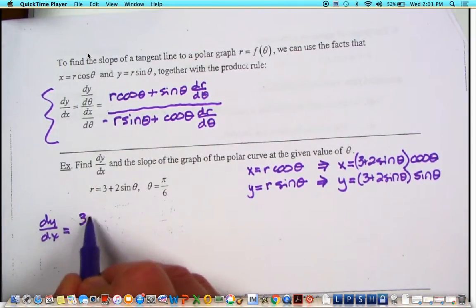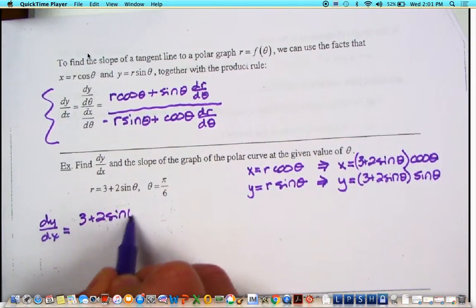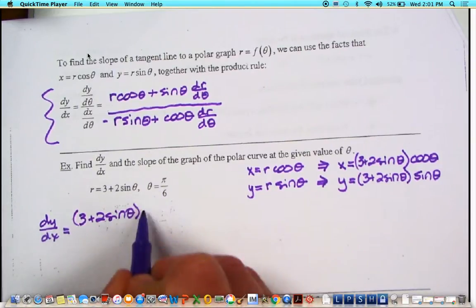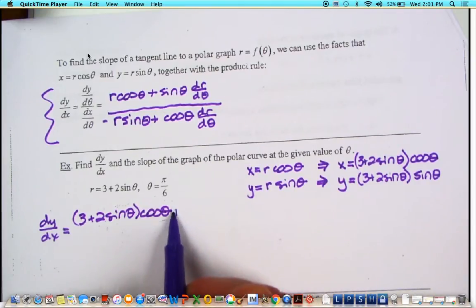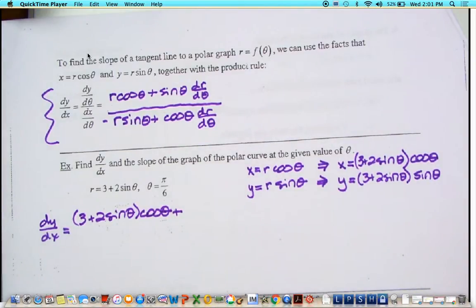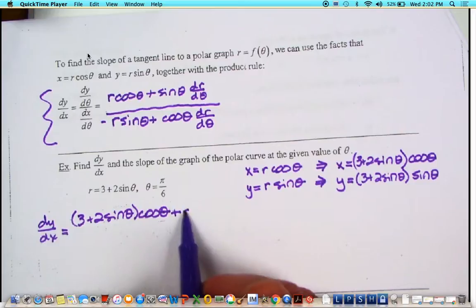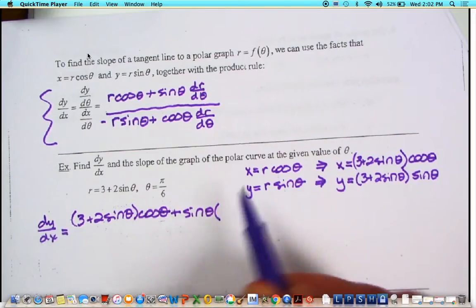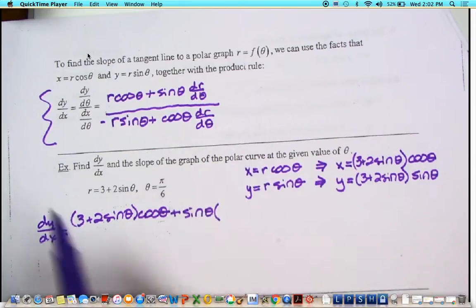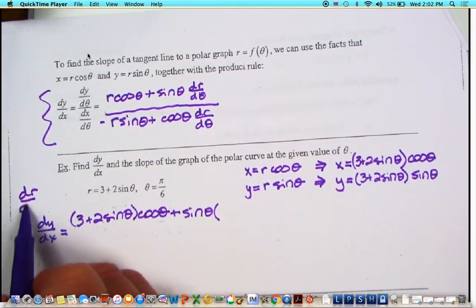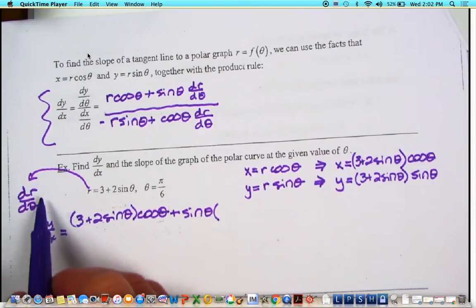So I have 3 plus 2 sine theta times cosine theta, plus sine theta times dr/d theta, and what is dr/d theta?